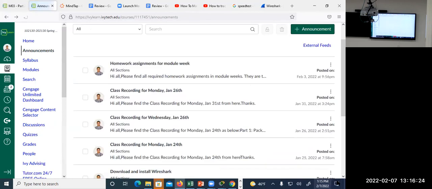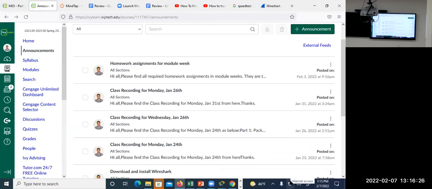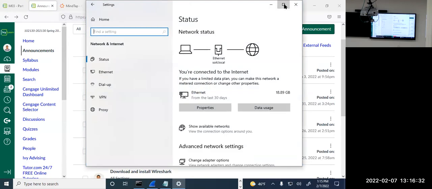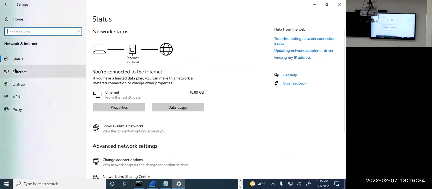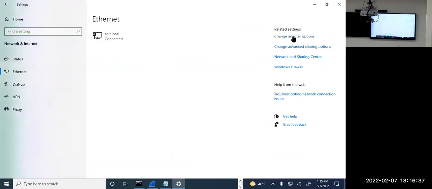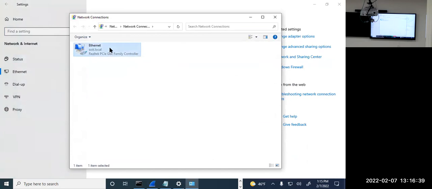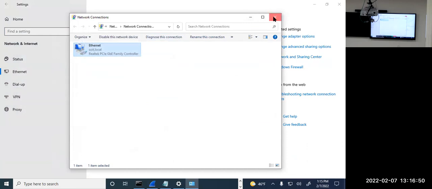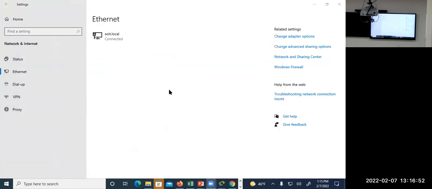So in case you want to force a computer to work with IP version 4 only, you can go to the network and internet settings here. Go to Internet, go to change adapter options, right click it, go to properties, and uncheck this one. That makes sure your computer only works with IP version 4. Anyway, I will make an announcement to instruct you how to work with IP version 4 after this class.